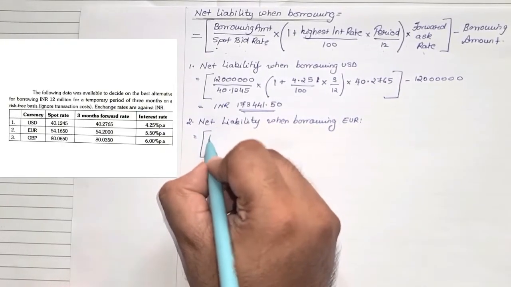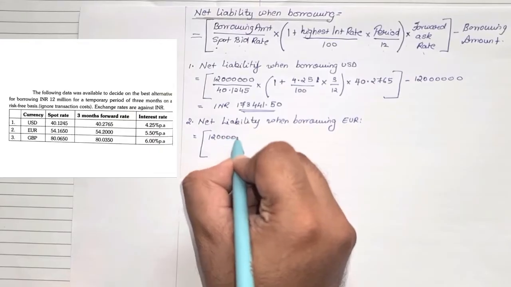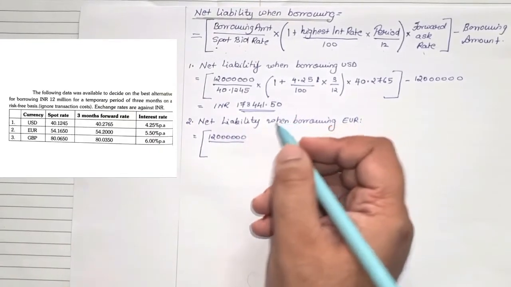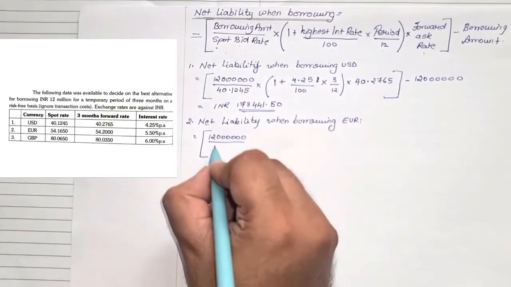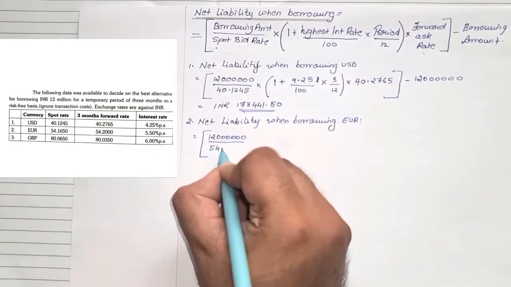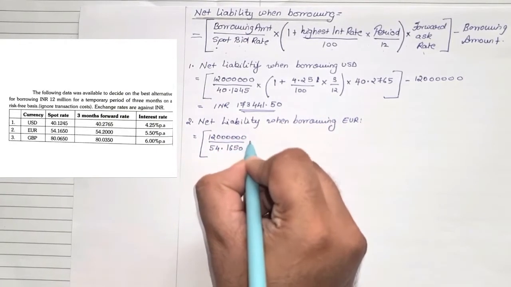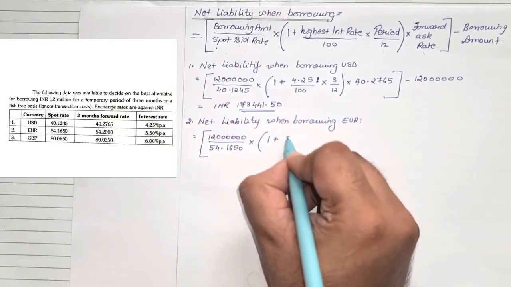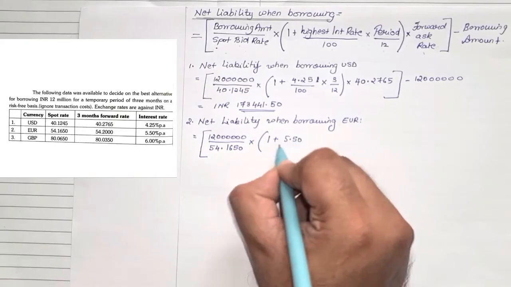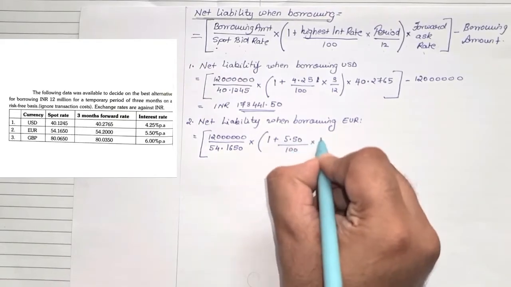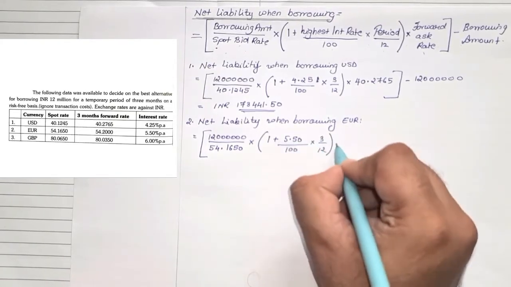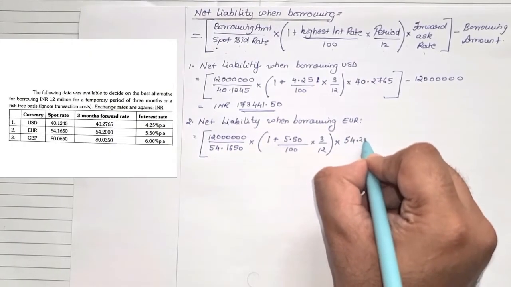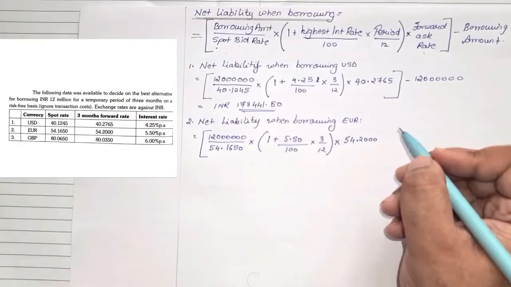The amount which I want to borrow is 1 crore 20 lakh upon the spot rate. Now the spot rate is given to us as 54.1650 into 1 plus the interest rate, which is 5.50 upon 100, into 3 divided by 12, into the forward rate, which is 54.2000.